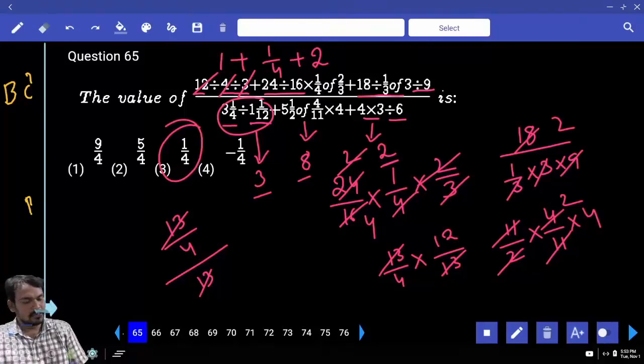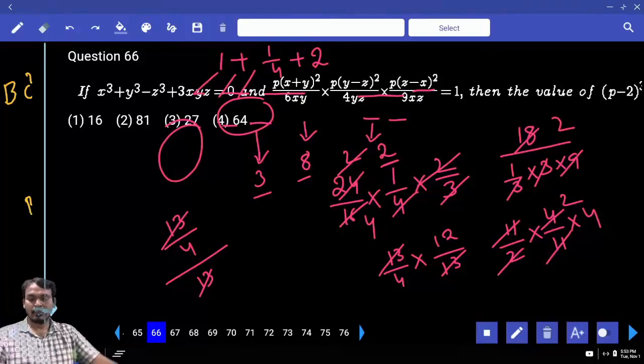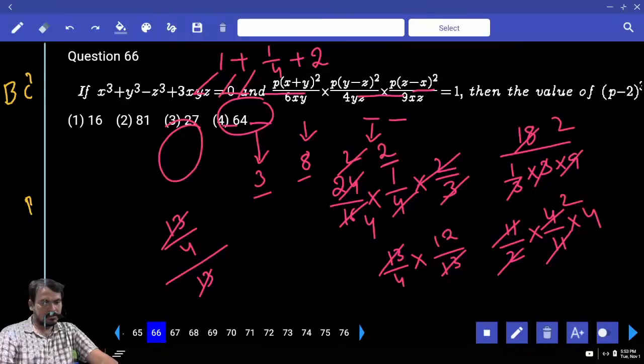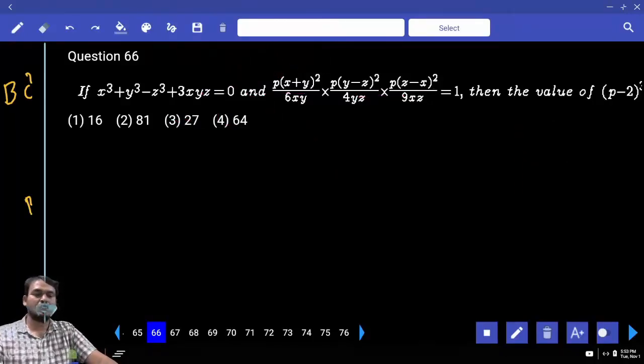Next question, question number 66. If x cube plus y cube minus z cube plus 3xyz equal to 0, p into (x plus y) whole square by 6xy into p into (y minus z) whole square by 4yz into p into (z minus x) whole square by 9xz equal to how much? 1 or not?